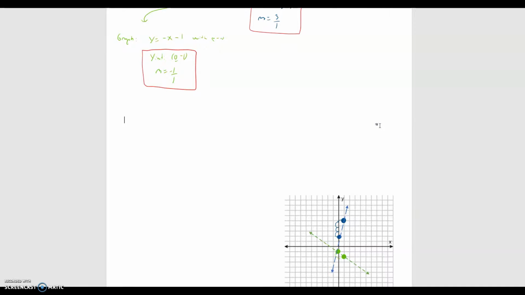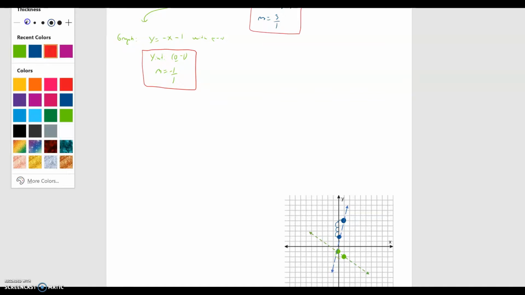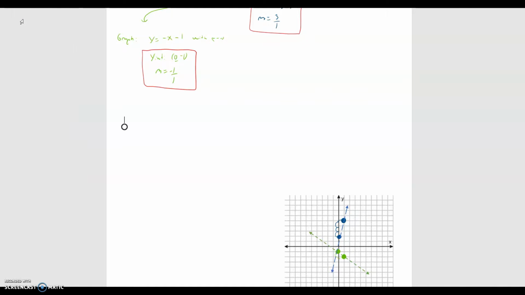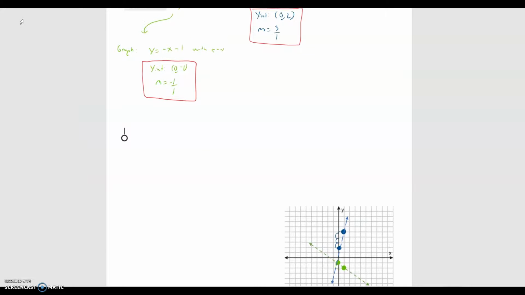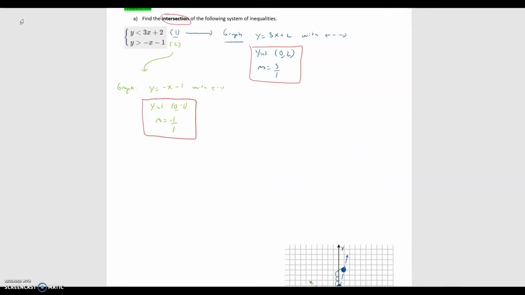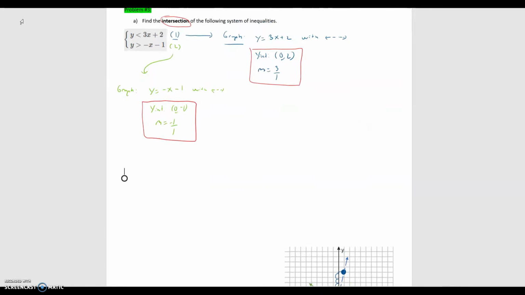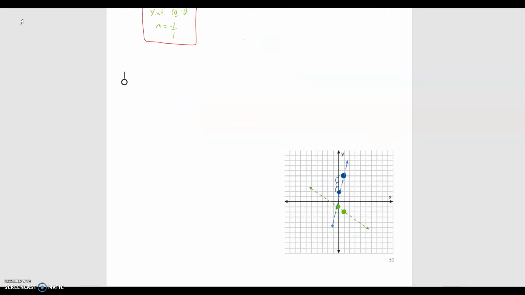Okay, so let me take a look at the shading portion of each of these lines. Notice that on the first one, the one that has the y-intercept at 0, 2, it's a less than statement. So a less than statement is going to be shading every value below the line.